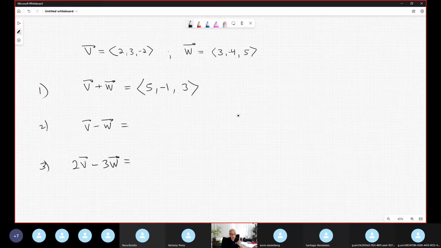Yes. And subtraction is similar, except that you change the sign. Suppose you mentally do negative W, which is negative 3, positive 4, and negative 5. And you add B, the original B, and minus W. Mentally, you are subtracting, and that's it.